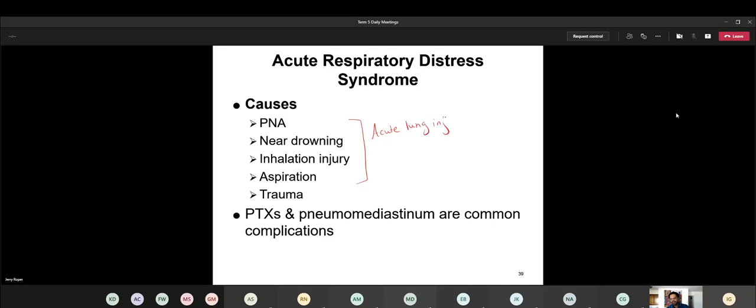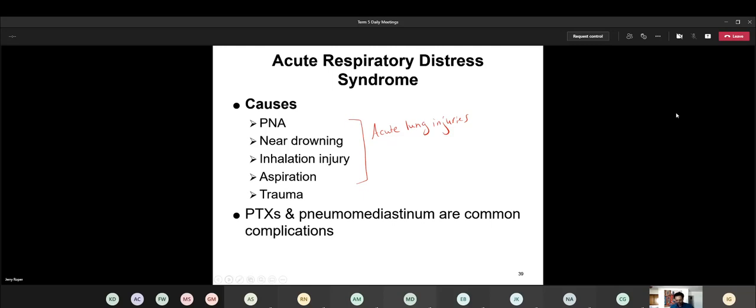ALIs, just acute lung injuries, is what we know could easily lead to ARDS. And then, of course, pneumothorax. It could potentially spiral into a situation where there's ARDS as well.